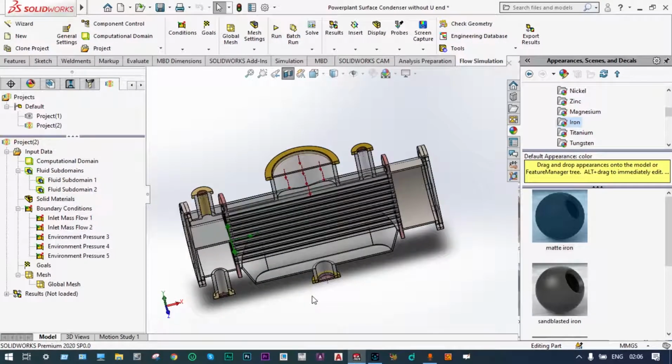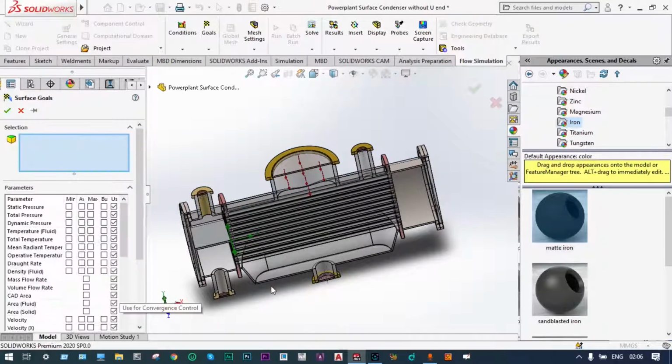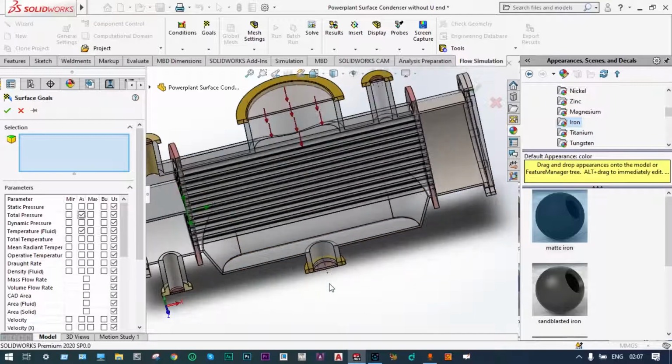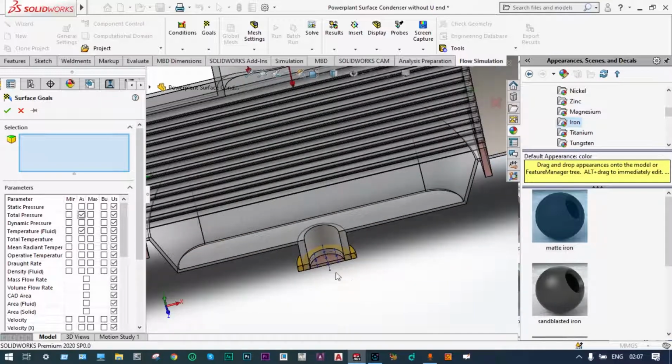Next one, we want to go for some goals. We have to define some goals. Let us insert some surface goals. We want to have temperature and pressure at this location. At the same time, temperature and pressure at this location also. Right? So select average temperature of fluid and average total pressure at the exit of hot water.